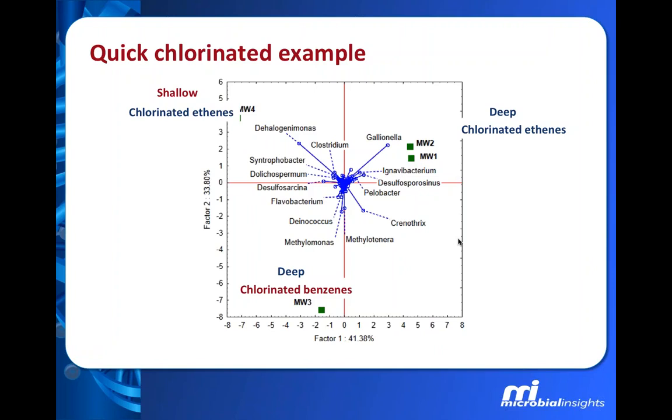So let's concentrate on the genera that's being detected in the sample. The site was really interested in chlorinated ethenes. So if we look at MW1, 2, and 4 for our chlorinated ethenes in our deep and shallow locations, one thing I always want to look for is, do I have Dehalococcoides?